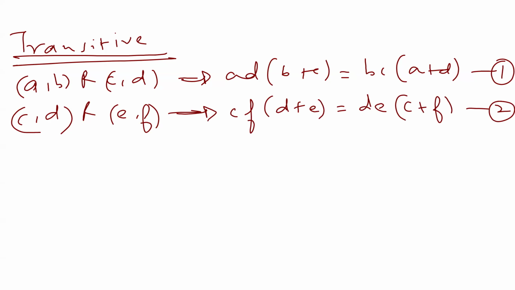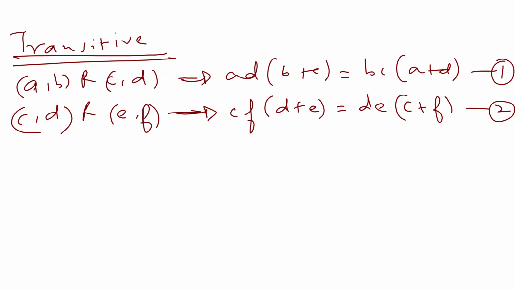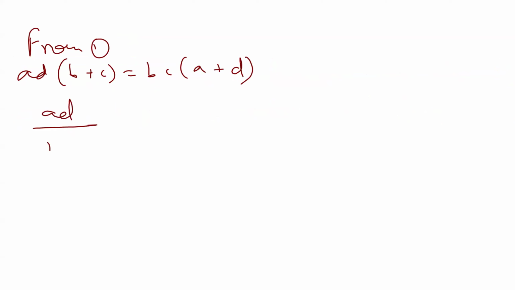Okay. Now see, from 1, what does 1 say? AD(B plus C) is equal to BC(A plus D). Cross multiply, take AD terms together and BC terms together. Or rather do one thing, keep the plus sign in the numerator.